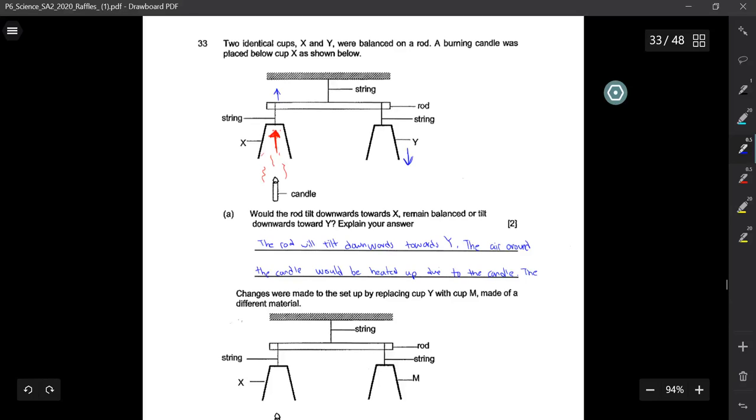And then the heated air rises, pushing cup X, and making the rod tilt downwards towards Y.